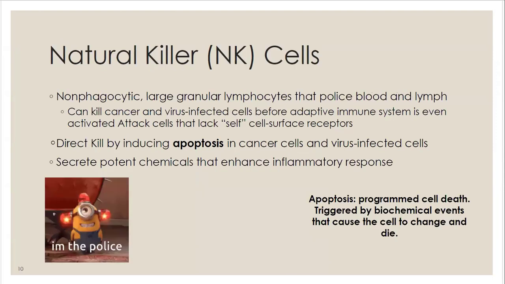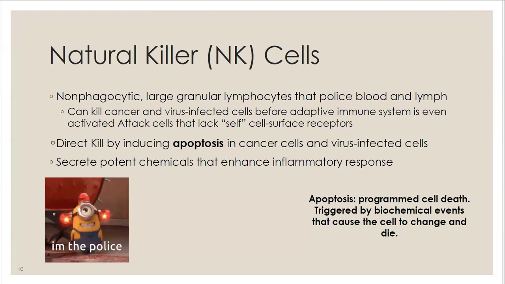All right, so when we come to natural killer cells, they are an essential part of the innate immune system. They act as the frontline defenders against abnormal cells. They are large granular lymphocytes that specialize in targeting virus-infected and cancerous cells.